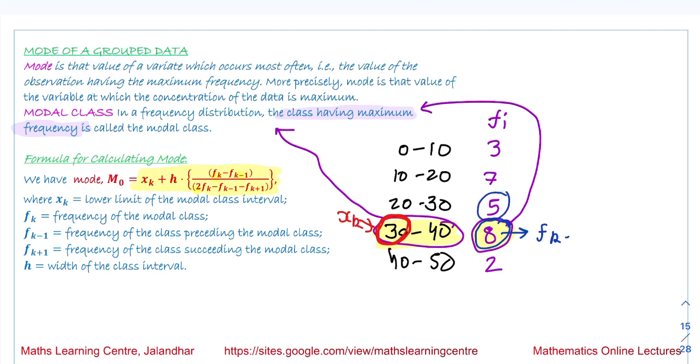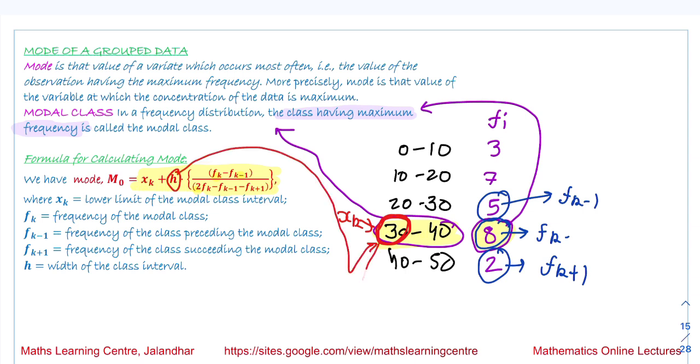Fk minus 1 is the frequency of the class preceding the modal class, and fk plus 1 is the frequency of the class succeeding the modal class. And h is the width of the modal class, that is 40 minus 30, equal to 10. So we substitute all these values in this formula to find the mode of the given grouped data.